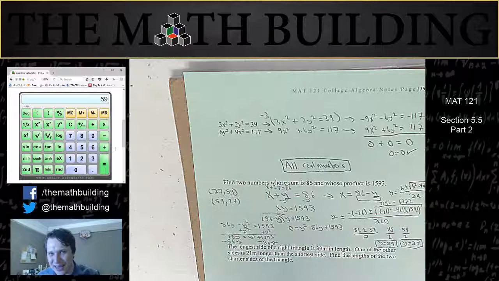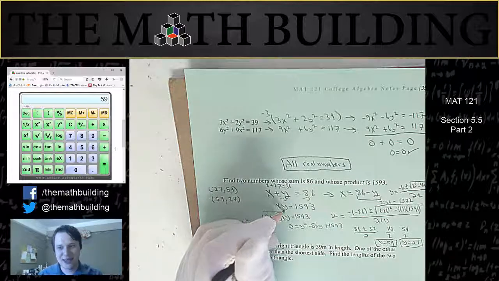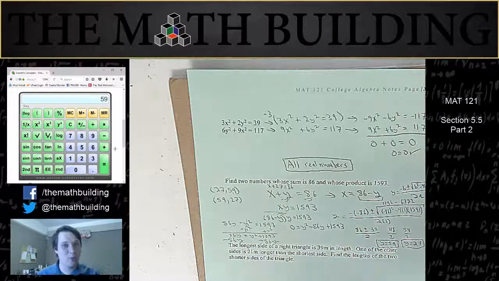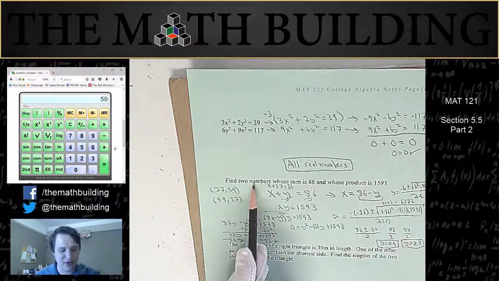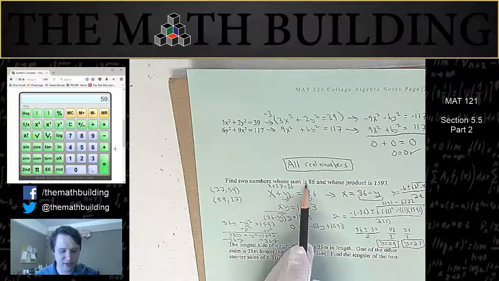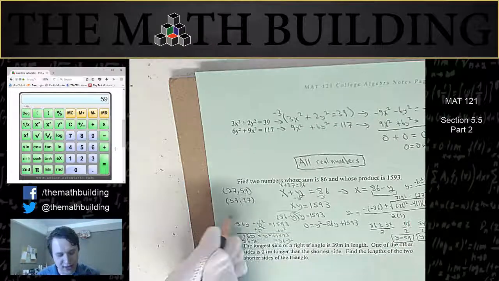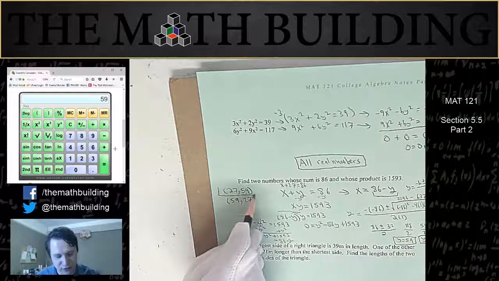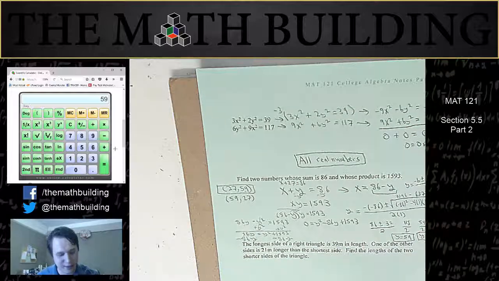So we technically get two different solutions. If you were graphing these two on a graph, they would intersect at 2 points. But because of the way the question is asked, find two numbers whose sum is 86 and product is 1593, I think it's safe to say that those two numbers are just 27 and 59.